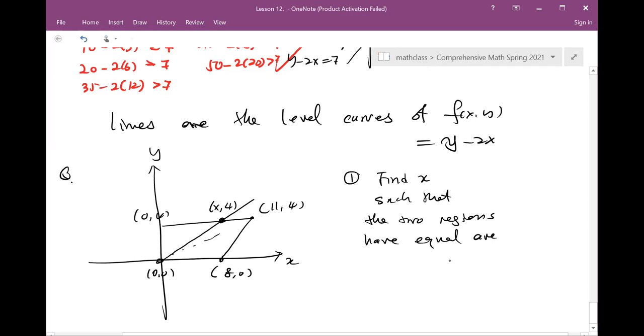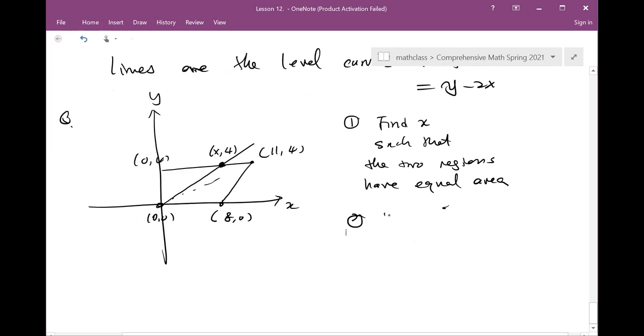The second question is, find another x such that the two regions have equal perimeters.